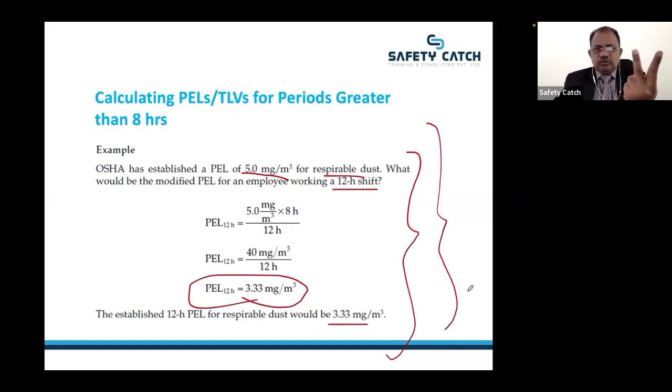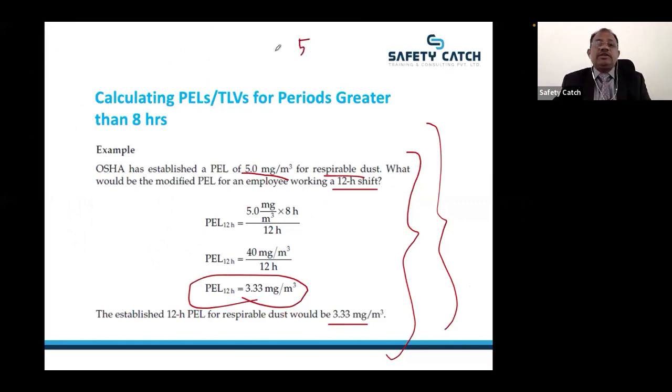Of the formulas, only 2 formulas I have taught you now. One is the time weighted average. Now for 15 minutes, it will be 5 minutes, 5 minutes, 5 minutes. They will give you the value for the first 5 minutes, so you multiply by that 5 minutes, then divide by 15.